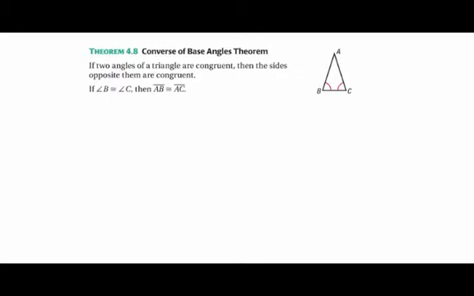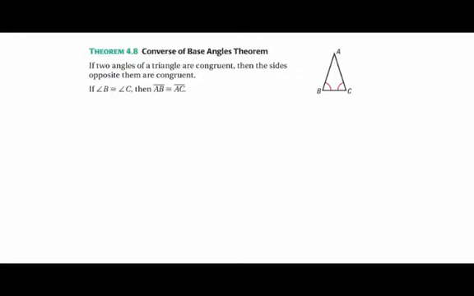Okay, so this is going to be our second theorem. It's called our converse of the base angles theorem. So if you remember, converse is going to take our hypothesis of our original statement and our conclusion of our original statement and flip it around. So our base angles theorem before said that if we have congruent sides, then we know our base angles are congruent.